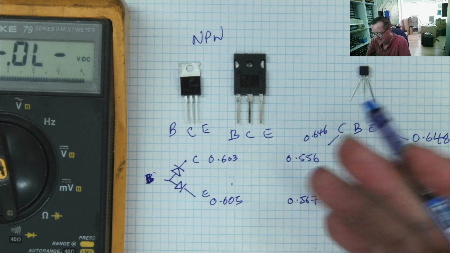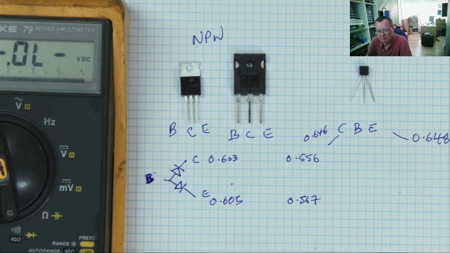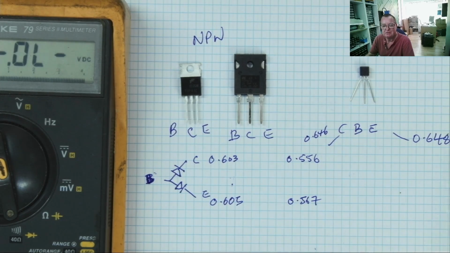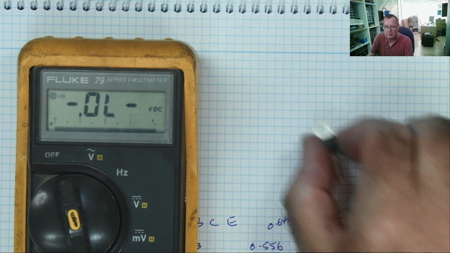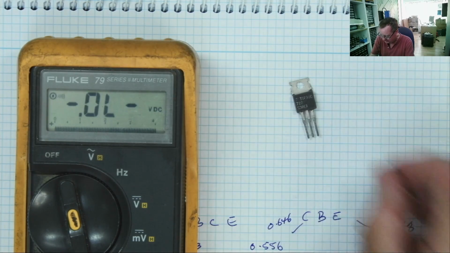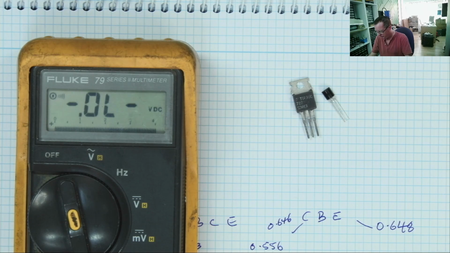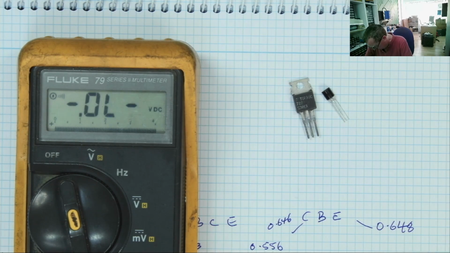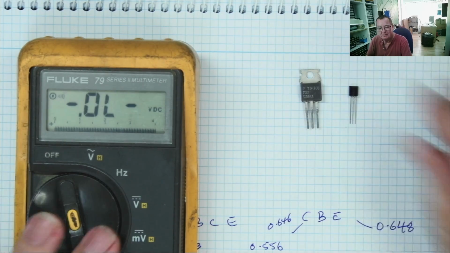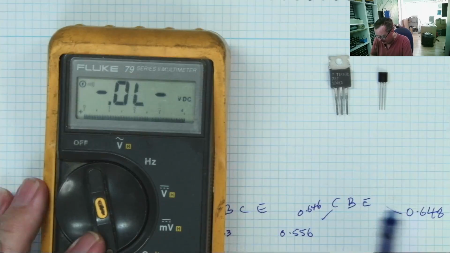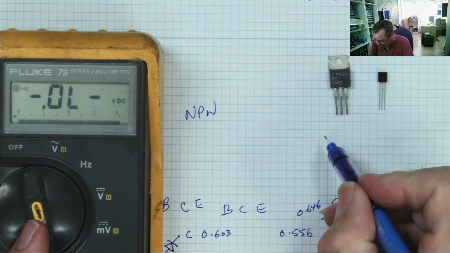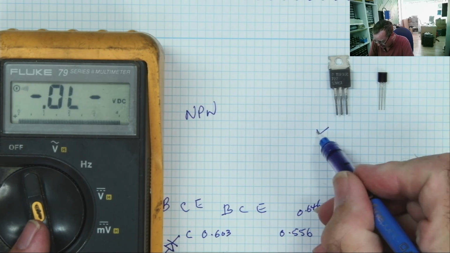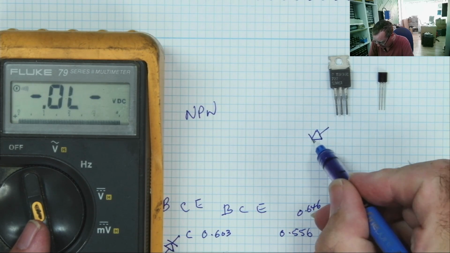A PNP transistor will read the same, but the opposite polarity. So let's try some PNP transistors, just to prove it. Here are some PNP transistors, a power transistor, a small one, again TO220, TO92 packages. With a PNP transistor, it looks like an NPN but back to front. So effectively this looks like two diodes connected together like this.